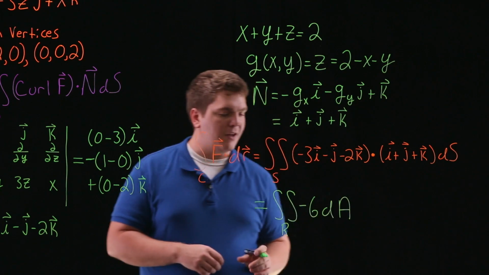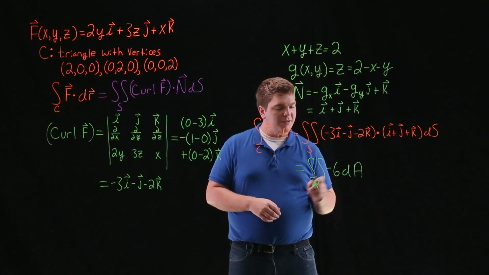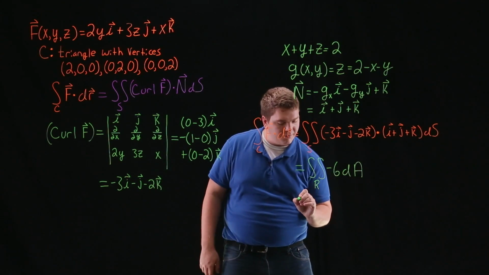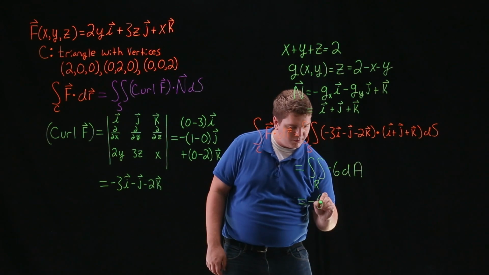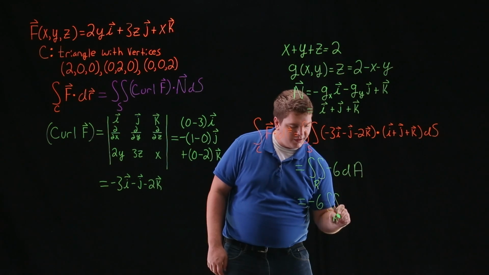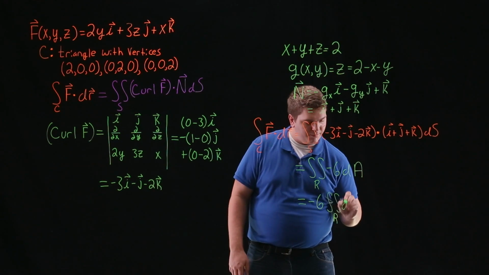At this stage, we replace the surface integral with a double integral over some region in the xy plane. The negative 6 is just a constant, so we pull it out in front of the integral, and all that we're integrating is dA over a region in the xy plane.